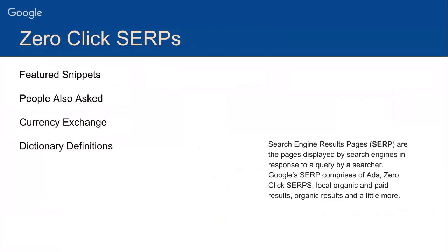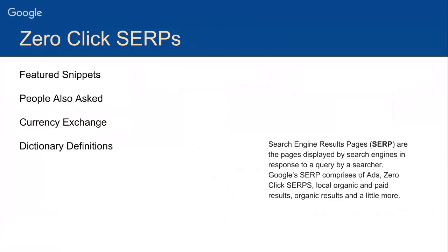So obviously, if you're doing keyword research for content, you're looking at organic search. But if you're doing paid, you're doing keyword research for an advertisement. If you're doing local SEO, you definitely want to look at how your main pages are keyword optimized. So there's a lot of different SERP results and a lot of different people who are responsible for them.